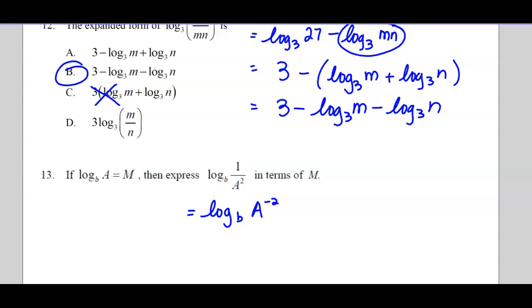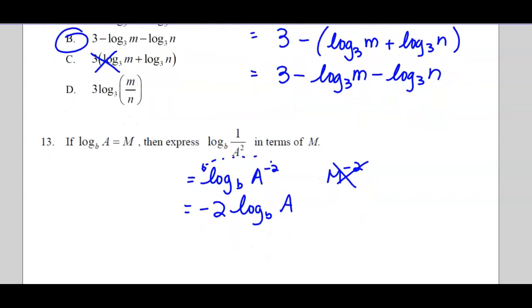Then, some people right now will tell me that that's m to the negative 2 as my answer, because they just see this part and they think, oh, I'm just going to put m in there, raised to the negative 2. That negative 2 only goes to the a, not to the whole log. So using my power law, it's going to be negative 2 log base b of a. Now I can substitute m in there.